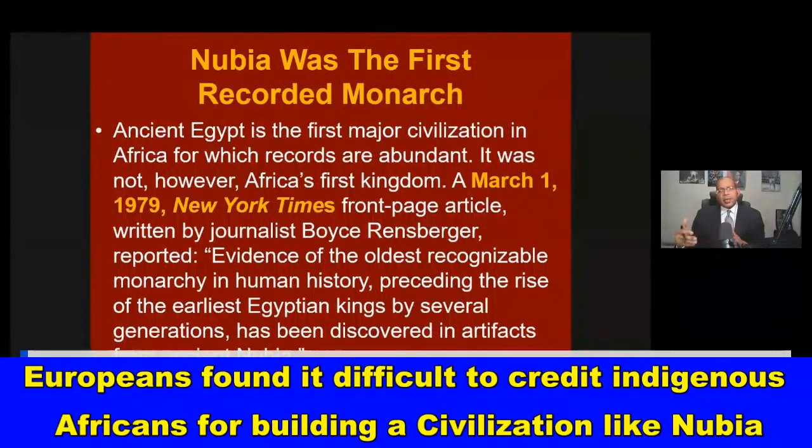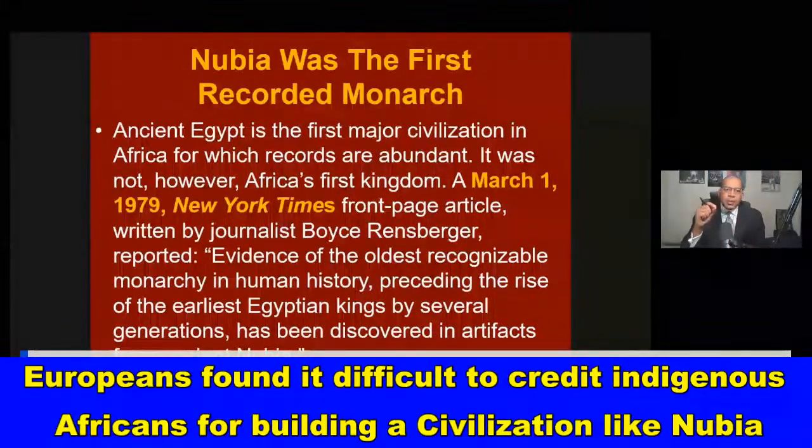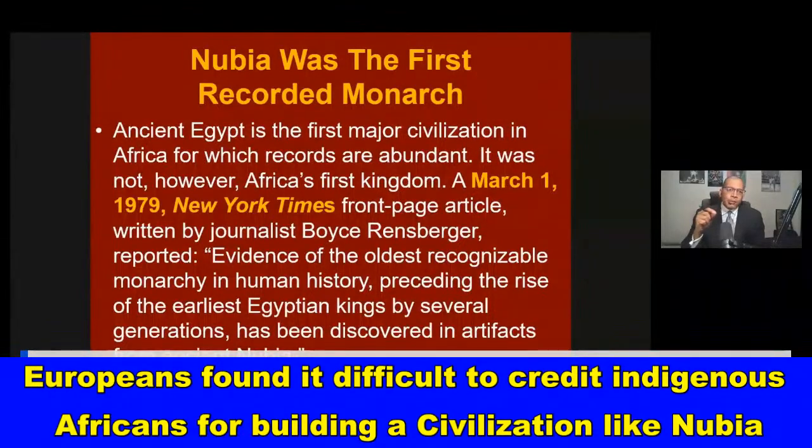A March 1st, 1979 New York Times front page article written by journalist Boyce Rensberger reported, quote, "Evidence of the oldest recognizable monarchy in human history, preceding the rise of the earliest Egyptian kings by several generations, has been discovered in artifacts from ancient Nubia."